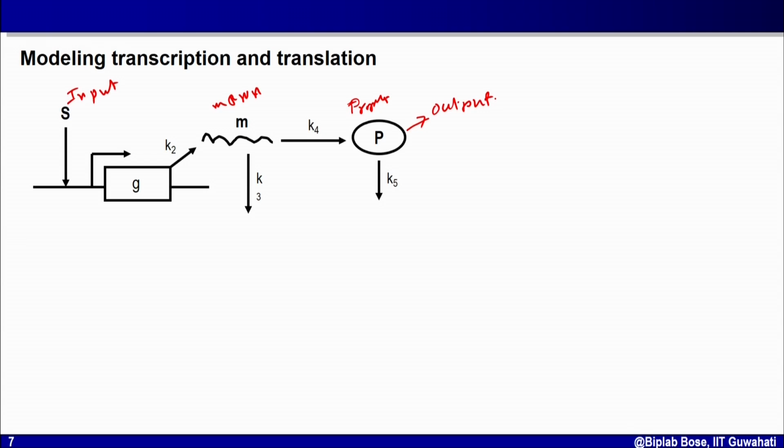Both mRNA and protein can get degraded, and I want to write an ODE for both M and P because I am considering them as separate entities, separate dependent variables.